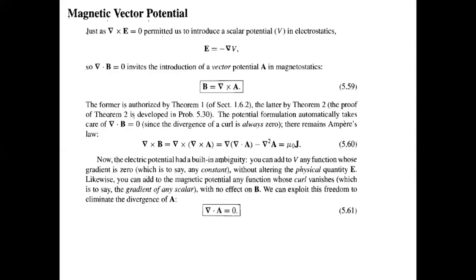Now, for most cases, these problems are not that difficult, but in some cases the geometry is too difficult to calculate the magnetic field. Then we can consider a concept like scalar potential, which we introduced during electrostatics. In electrostatics, the field can be represented as minus the gradient of V. So V is the scalar potential.